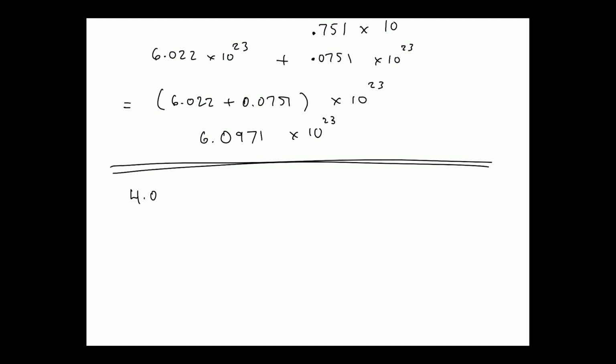Okay, how do I write this as an 8-bit number? Well, 4 is 100.0 times 2 to the 0. Yes? Does this follow our rule? No. And therefore, what do I need to do?